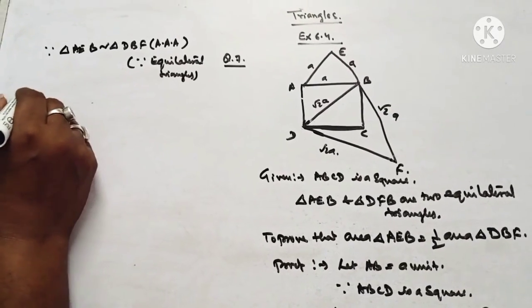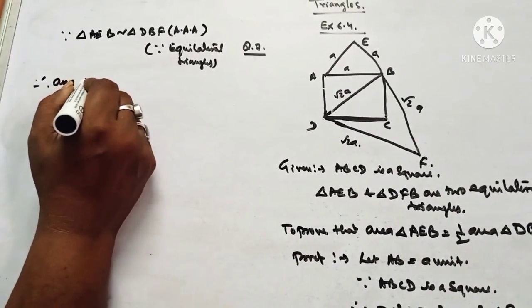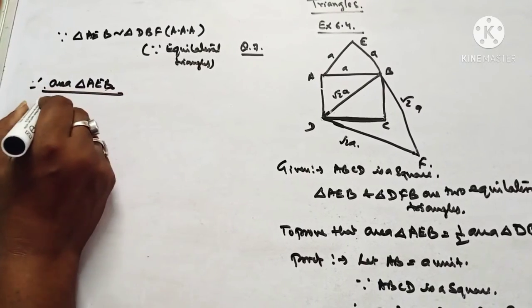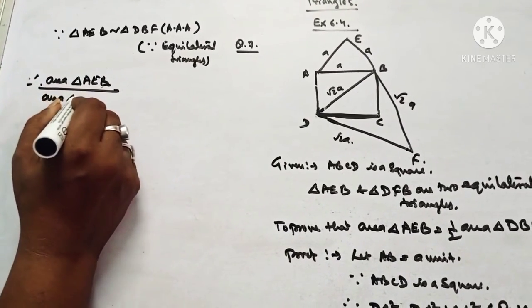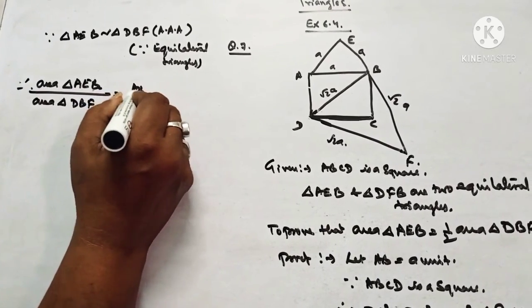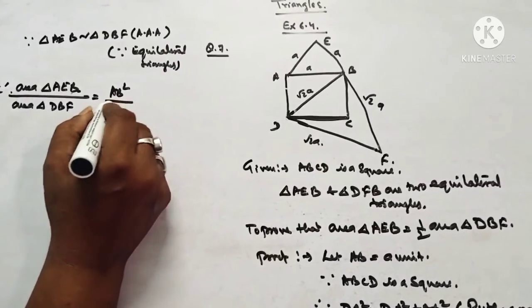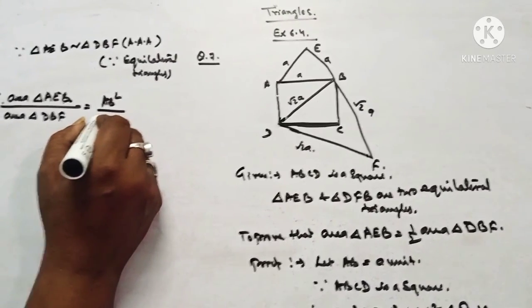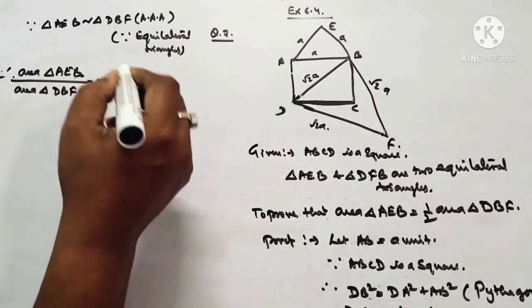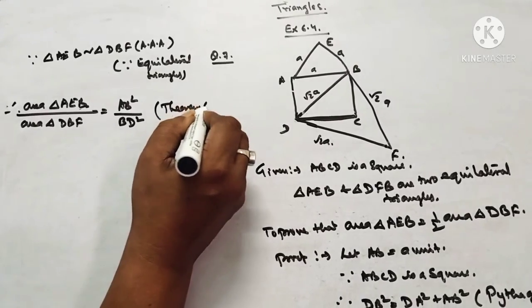Therefore area triangle AEB by area triangle DBF is equal to AB square by BD square, from theorem 6.6.